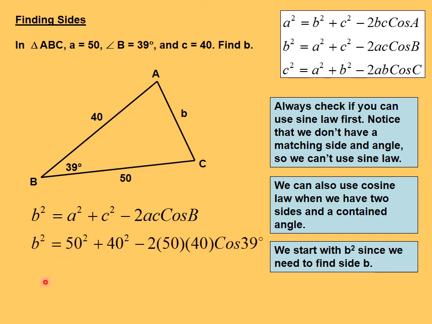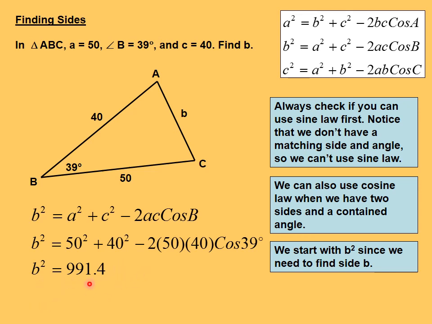Now the beauty of finding sides is that it's really easy, because you can put all this stuff in your calculator and it can handle it all at once. So put in 50 squared plus 40 squared minus 2 times 50 times 40 times cos 39, and see if you can get 991.4. And hopefully you can.